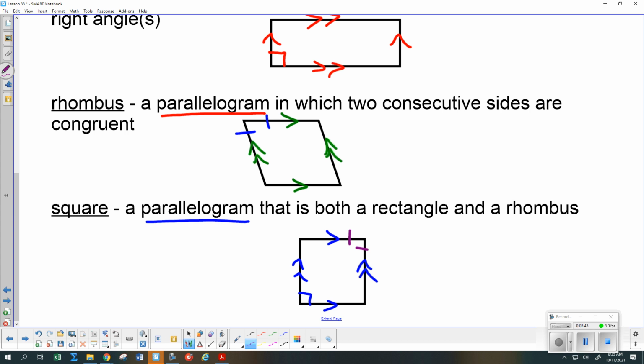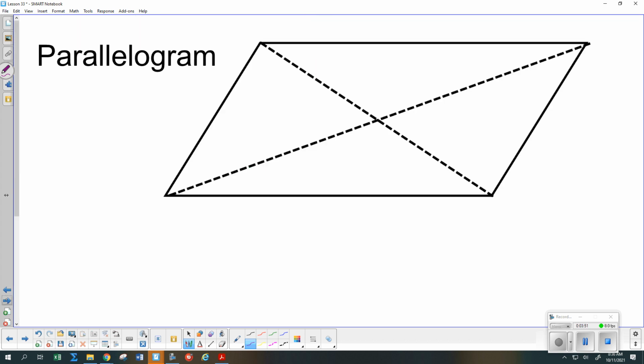So, the definition of a parallelogram is top and bottom are parallel, left and right are parallel. If you know it is a parallelogram, you are also going to know some other things besides just this definition piece. One of the things that you are going to know is that your opposite sides have to be congruent, and we're going to put this in your formula list.